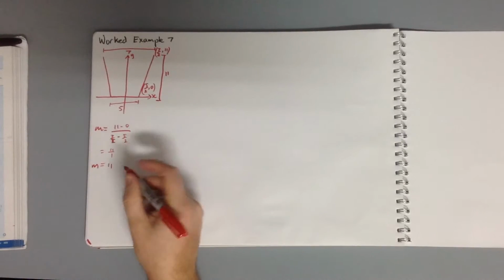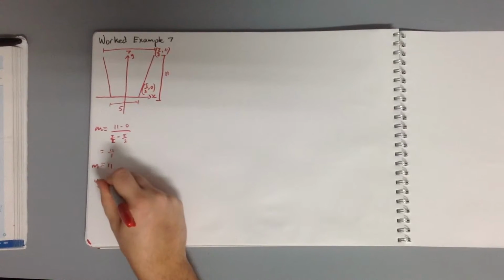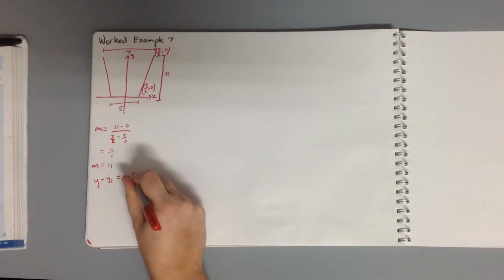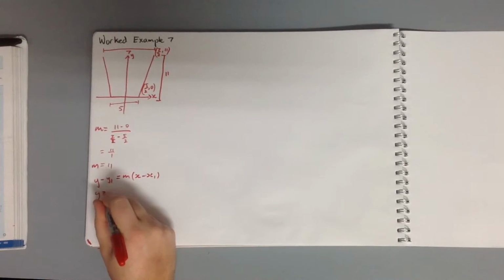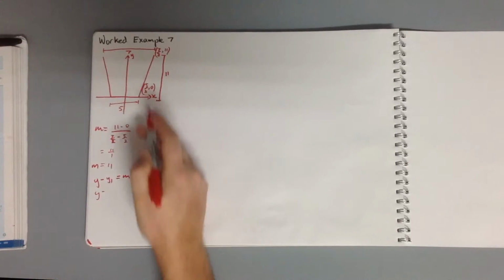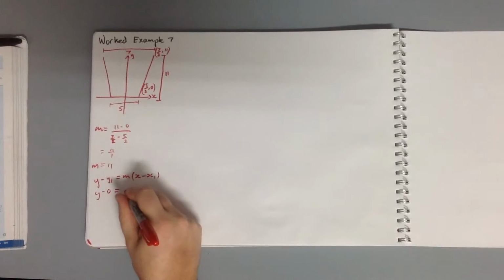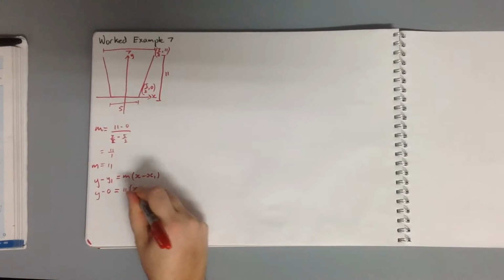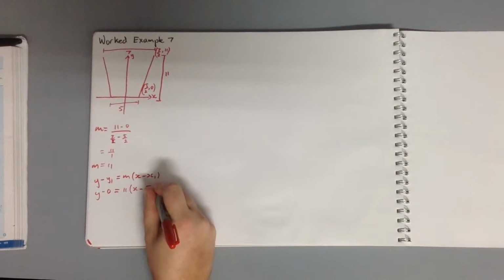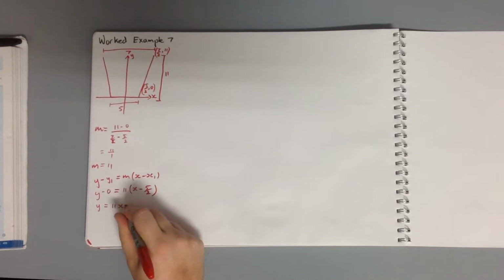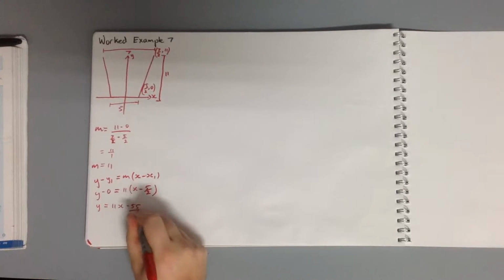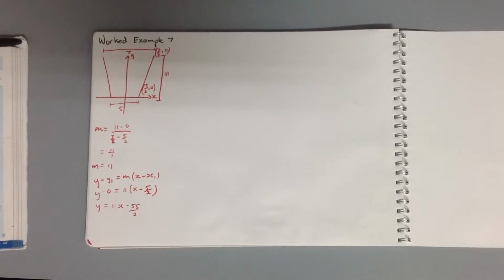Then we can set up our equation: y minus y1 equals m times x minus x1, our equation for a straight line. So y minus 0 is 11 times x minus 5 on 2. So we get y equals 11x minus 55 on 2. Now we've got our equation there.